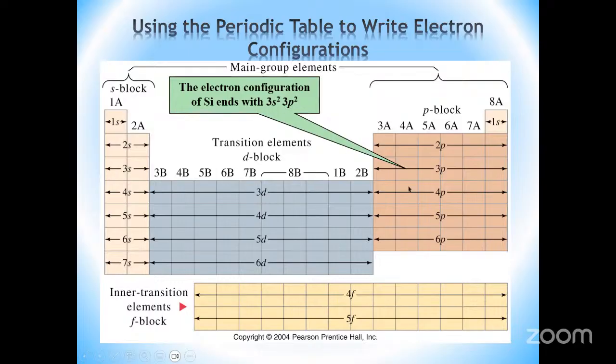In the case of, I think it's germanium down here, yes, germanium is going to end with 4s2, 4p2. And in the case of tellurium, it's going to be 5s2, 5p2, and so on and so forth. All right. So those are the kind of patterns that you're going to observe when it comes to the electronic configurations in relation to their positions in the periodic table or within specific groups or regions of the periodic table. Okay.